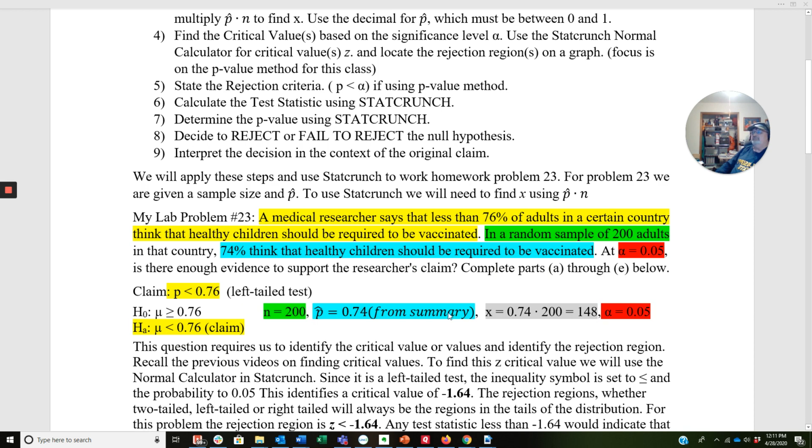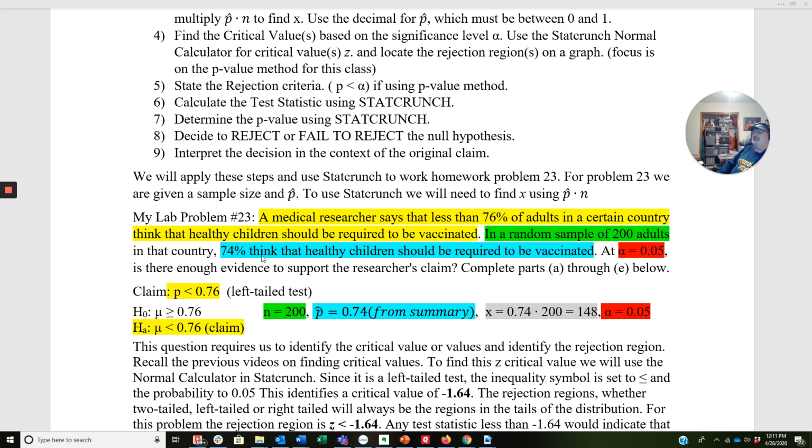So here's the question. A medical researcher says that less than 76% of adults in a certain country think that healthy children should be required to be vaccinated. Well, this gives us our claim right here, which is p less than 0.76.